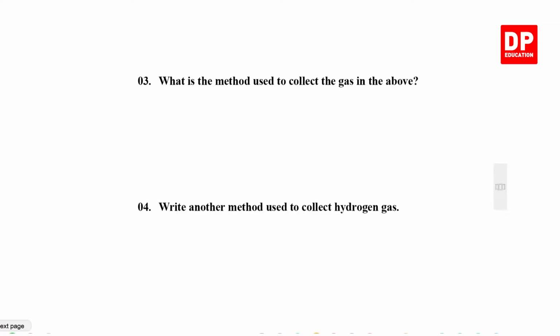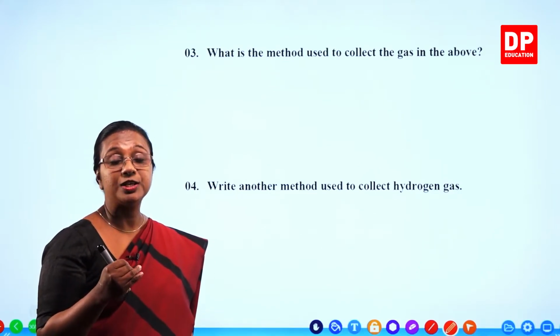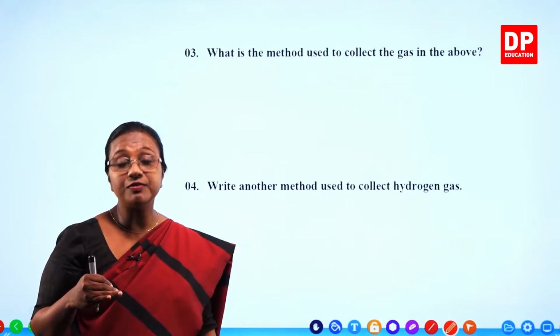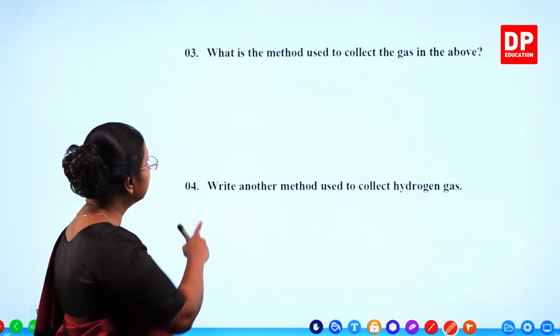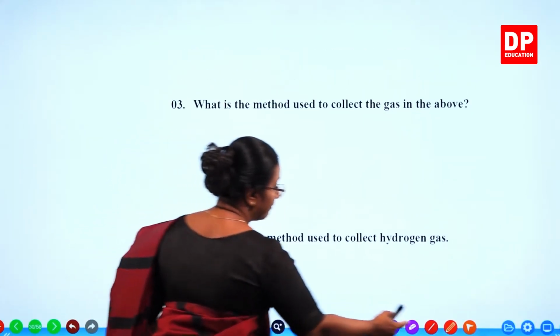What is the method used to collect the gas in the above? Normally, you can use downward displacement of water, or you can use downward displacement of air. So here, what is the method used to collect the gas in the above method?